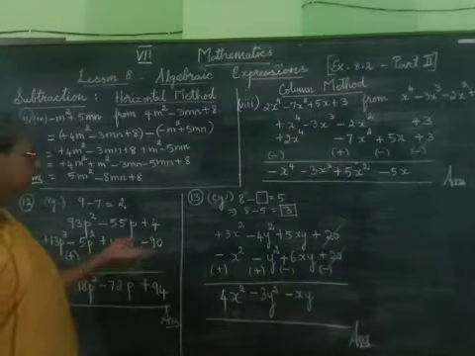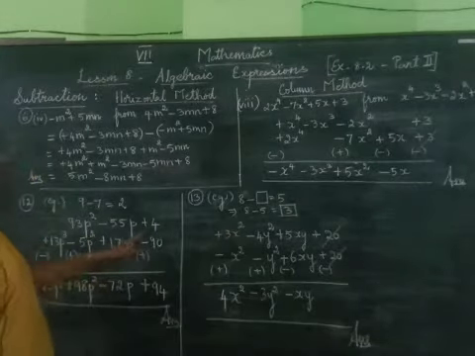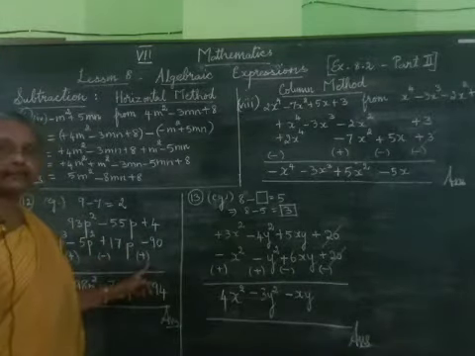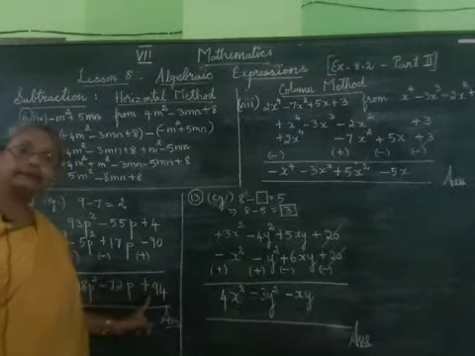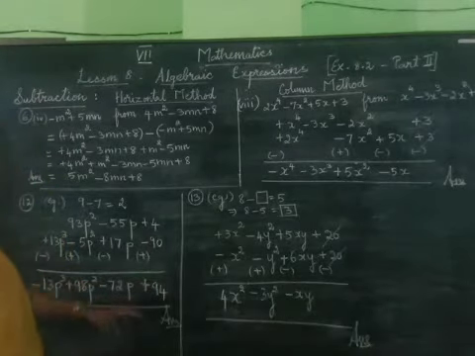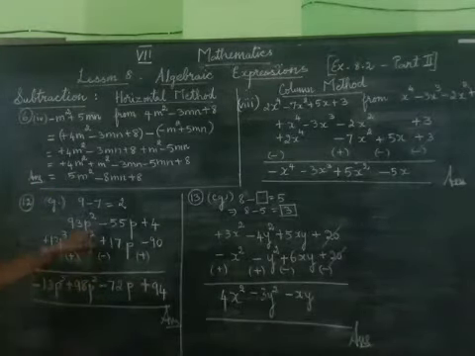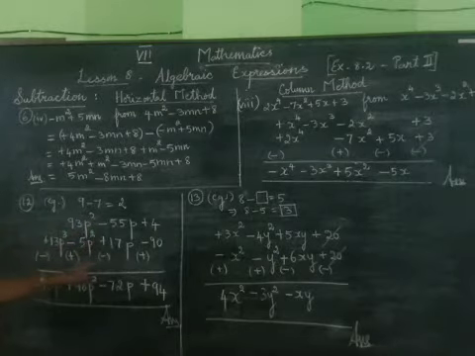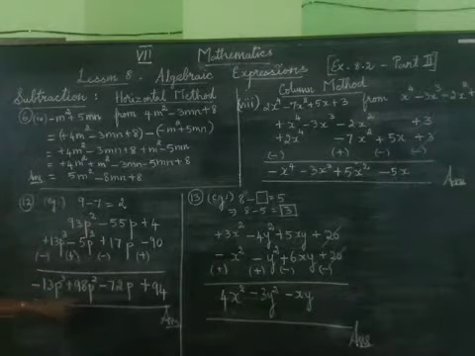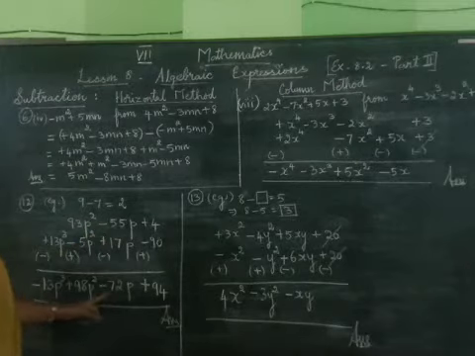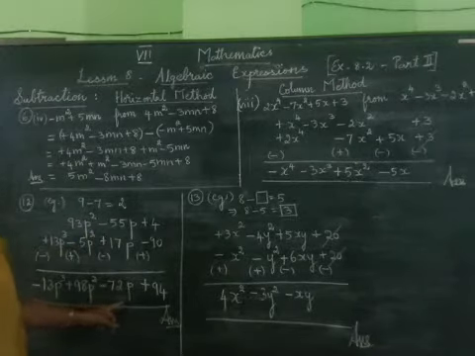After that, we do just like addition. Plus 4 and plus 90 put together, we get plus 94. Here also both are negative signs, so add and put the same sign. When we add, we get 72, so minus 72p.